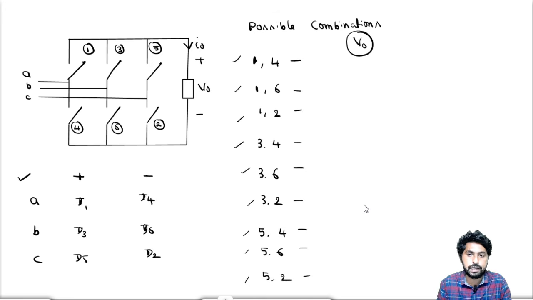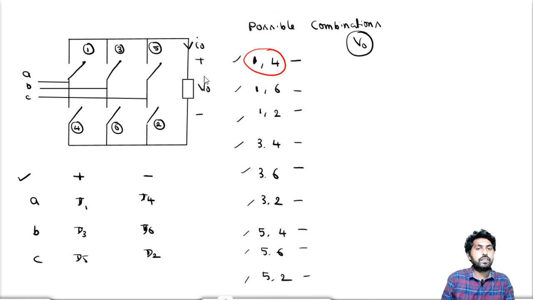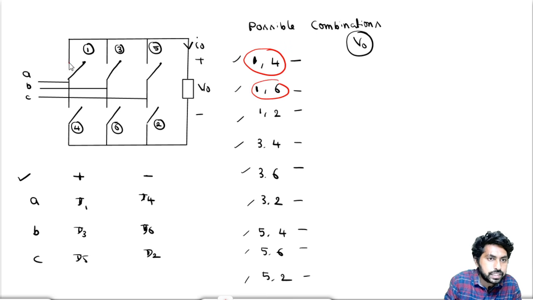Now we will see. For example, let me take the first combination, switches 1 and 6. When switches 1 and 6 are in the on condition, the diode will allow the current only in this direction.